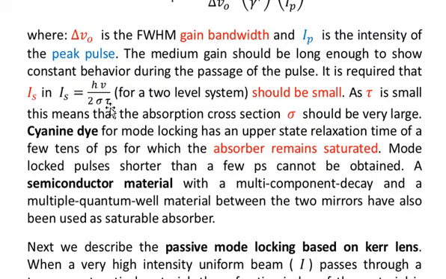So if tau is small, then Is should become larger, but you know that sigma becomes larger over here. So the absorption cross section sigma is larger, and that makes the Is quantity effectively a small quantity.